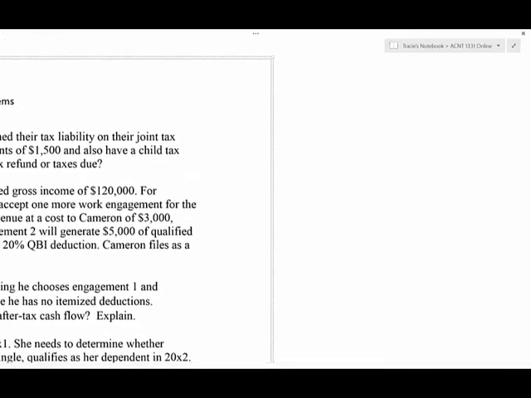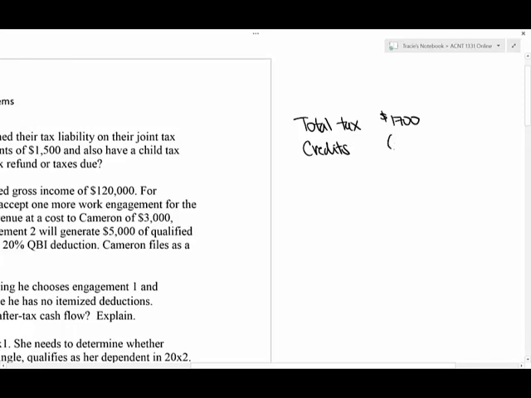Okay, so when we work this problem, we're going to use the tax formula. We'll start with the total tax liability, which was given to us in the problem, which is $1,700. We'll then subtract out our credits, which was a child tax credit of $2,000, and we'll subtract out our prepayments, which was a prepayment of $1,500.